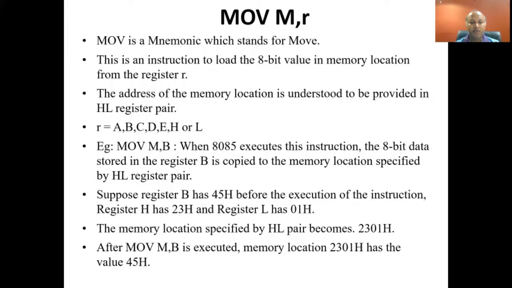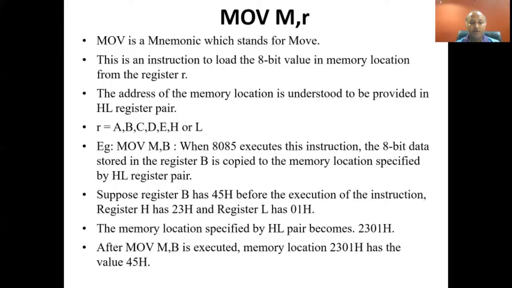Example, MOV M, B. When 8085 executes this instruction, the 8-bit data stored in the register B is copied to the memory location specified by HL register pair. Suppose register B has 45H before the execution of the instruction, register H has 23H, and register L has 01H.